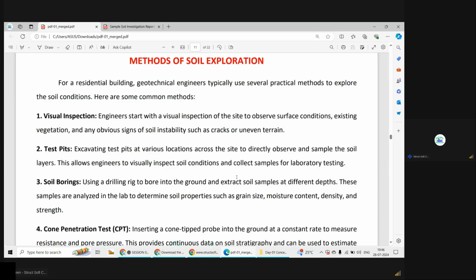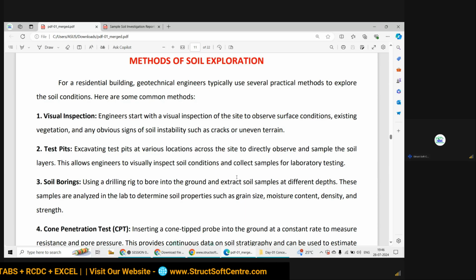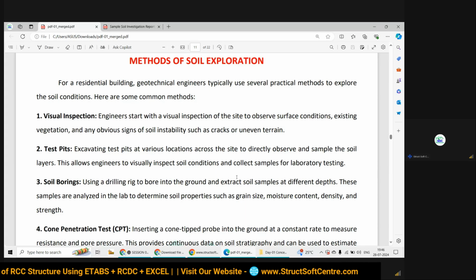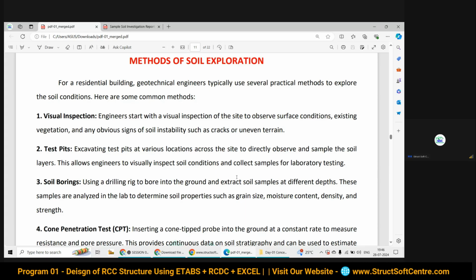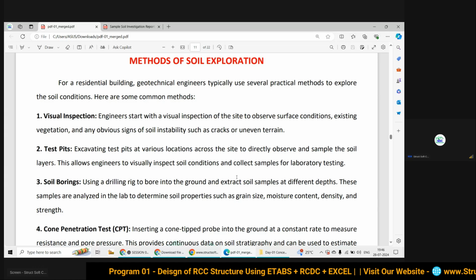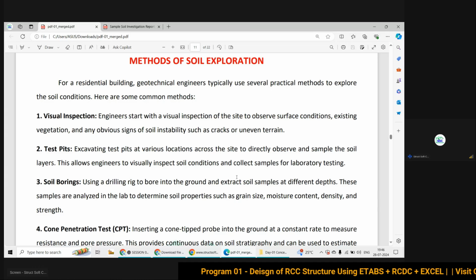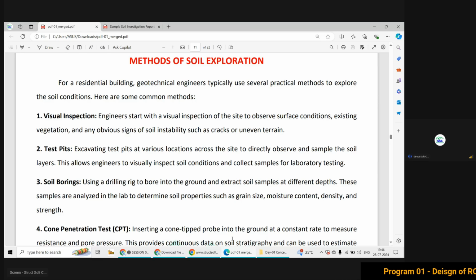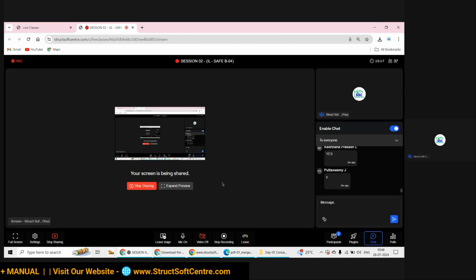So the purpose is very simple, but my dear friends, there are different options to perform the soil exploration, meaning different methods. And the choice is based on the situation, which includes the type of the project and what importance you give to the project.